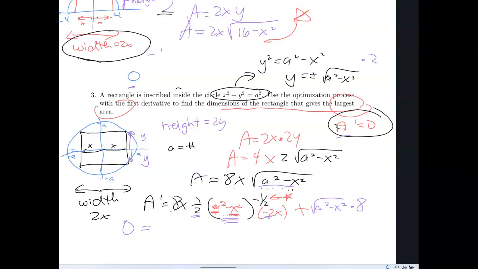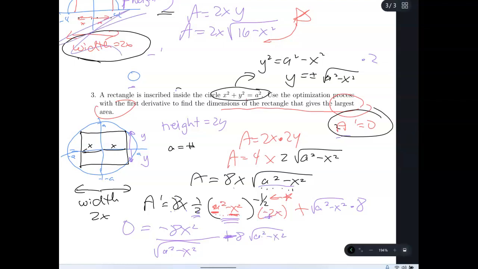So it looks like I've got a negative 8x squared over the square root of a squared minus x squared. Right, let's go slow. So the 2's cancel. There's a negative sign. And there's an 8 still with an x squared. Okay, plus 8 times the square root of a squared minus x squared.